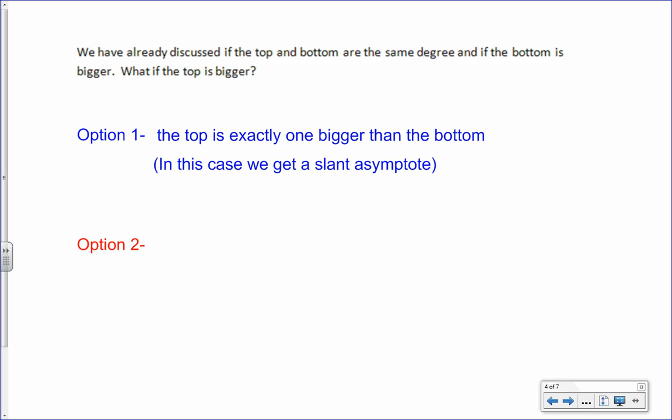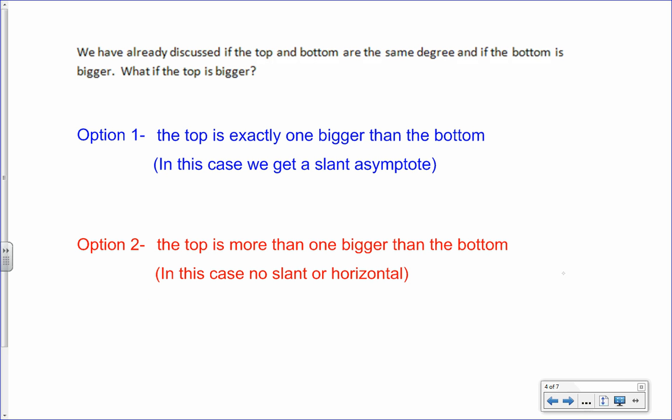Again, all of this is, after you found all those holes and gone through all that work, what you're left with. And the other one is if it's more than 1 bigger. The top's more than 1 bigger than the bottom.